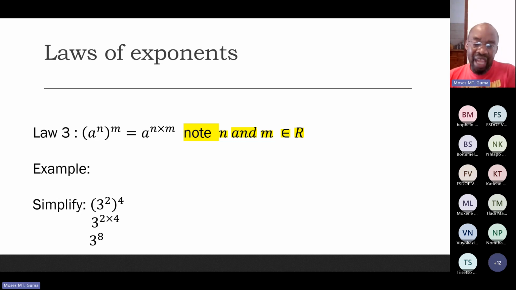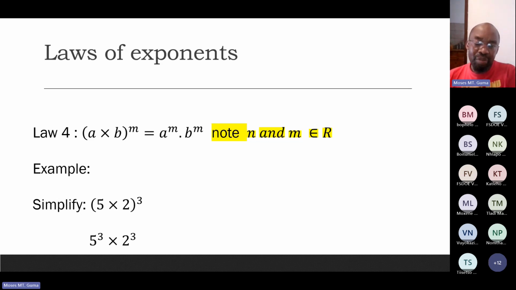That would give me a to power m. And again, go back and multiply the exponent of base b, which is 1, with m. That gives me b to power m. And now, my product simplified, it would be a to power m, b to power m.